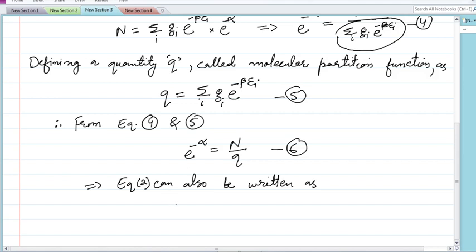So we will get this equation. That means ni will be simply equal to n upon q multiplied by gi e raised power minus beta ei. So this is our equation number 7.